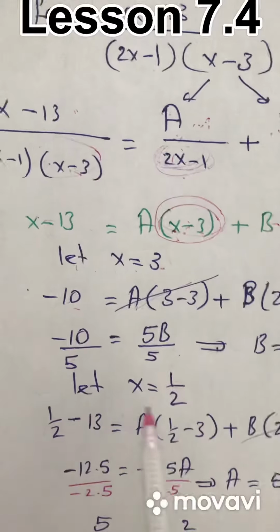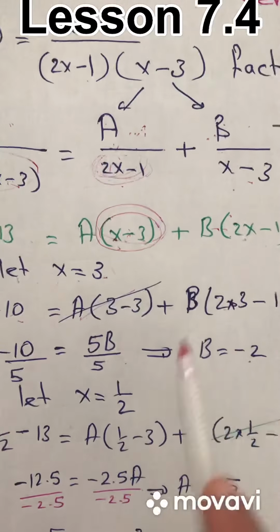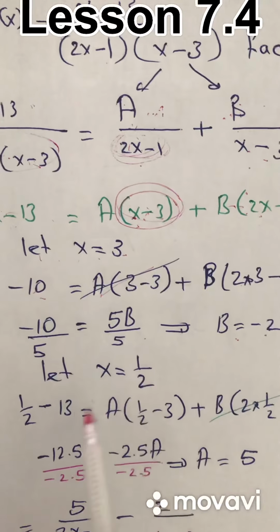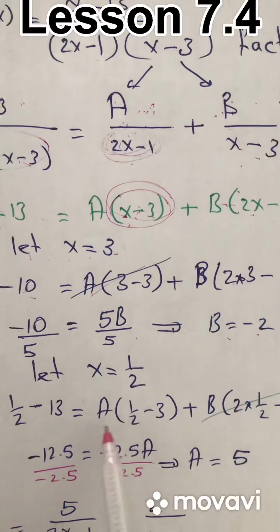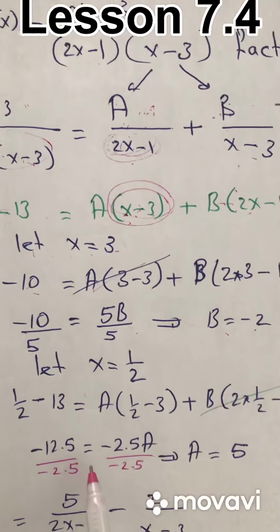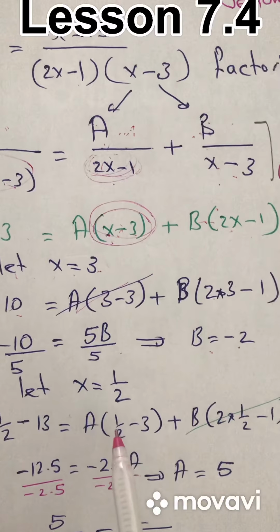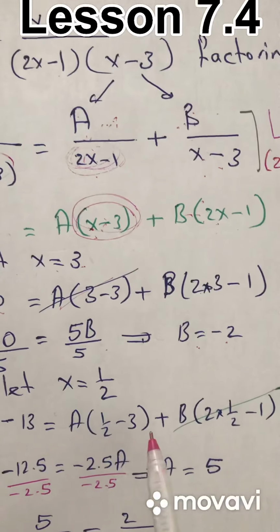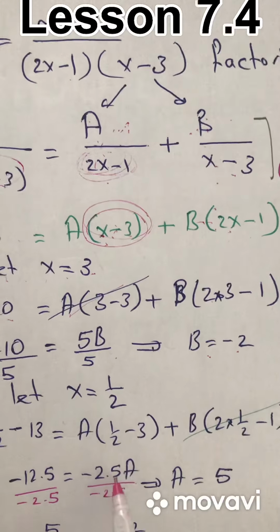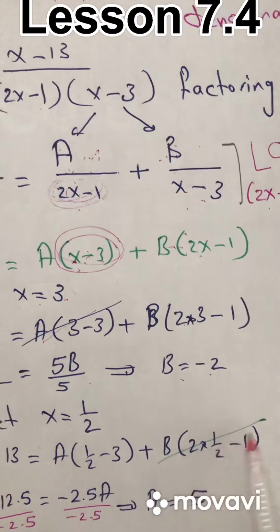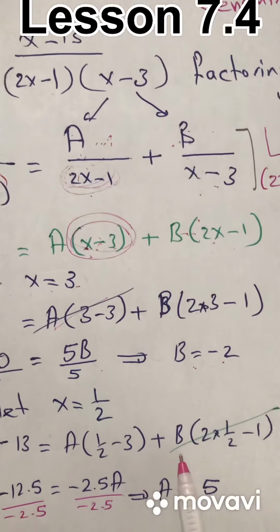Next step, I got b as negative 2. Now, when I substitute x equal to half, half minus 13 will be minus 12.5. When I substitute over here for a, half minus 3, the answer will be minus 2.5. And when I substitute over here by half, this one will be cancelled and it will be 0.